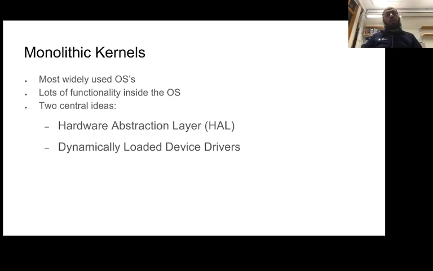It provides the hardware abstraction layer, and it has dynamically loaded device drivers. We talked about the device drivers a couple of times, including just a couple of slides ago when we said that since you have the open, close, read, write interface for your IO, you need dynamically loaded device drivers. You need the device drivers to actually know how to handle this.